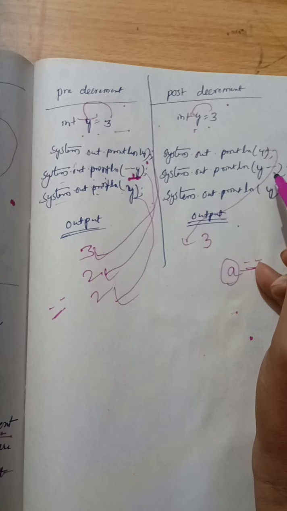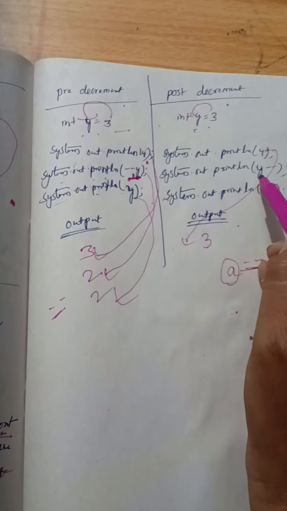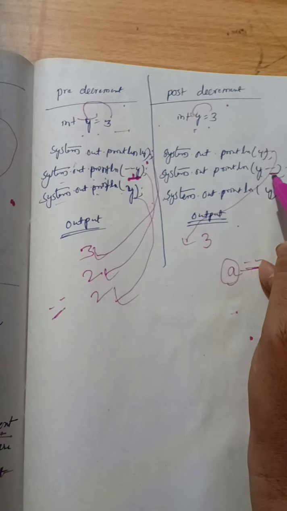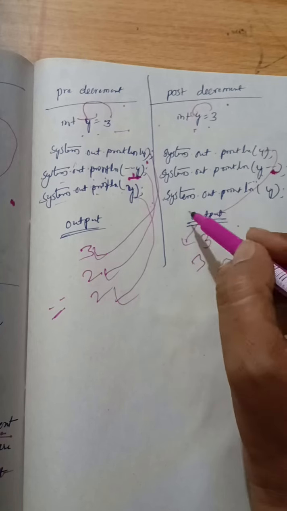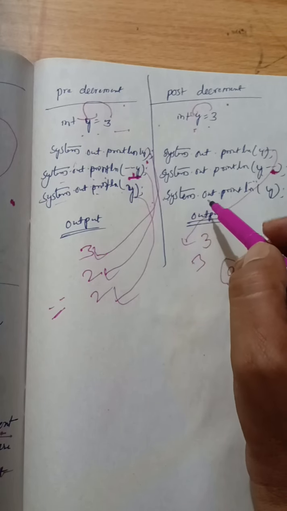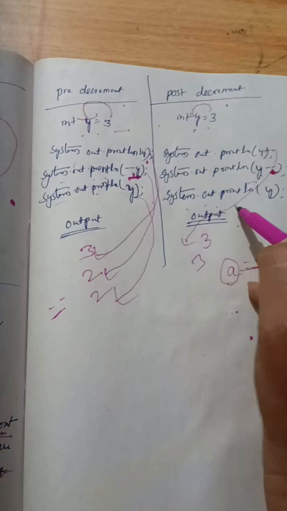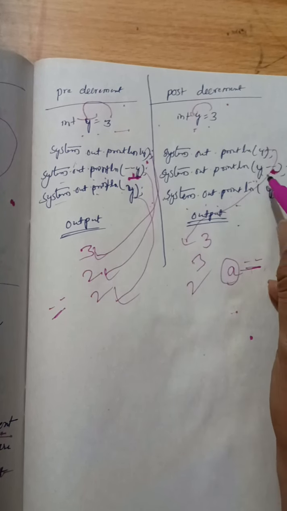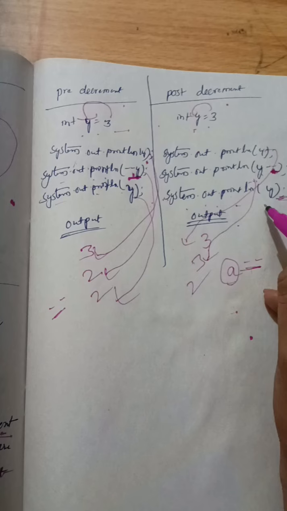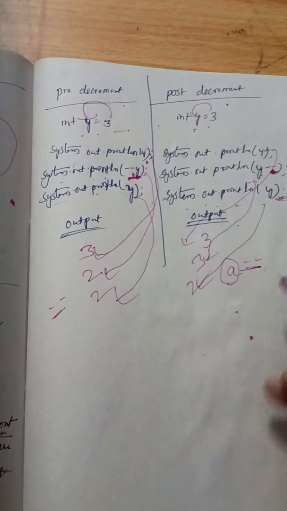Now System.out.println(y--) means post-decrementation. Post-decrementation means the print operation is done first. The printed value is 3. Next, in the following statement, the value is decremented: System.out.println(y) gives 2. So this one prints 3 and the last operation gives 2.